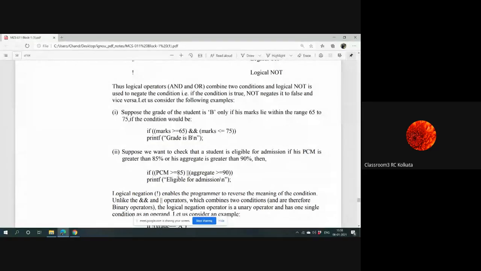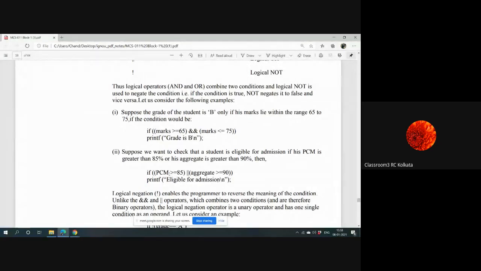So there are two criteria for admission in some course, and if any one of the conditions is true, then the condition will be true. If this condition is true, he is eligible for admission. If this condition is true, he is eligible for admission. If both conditions are true, then also he is eligible.